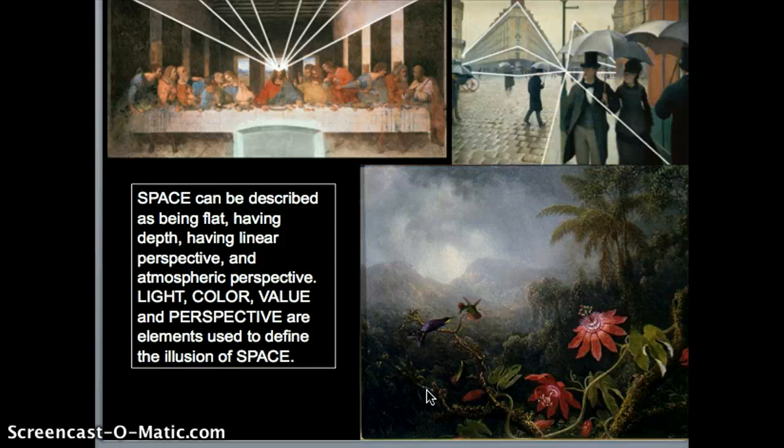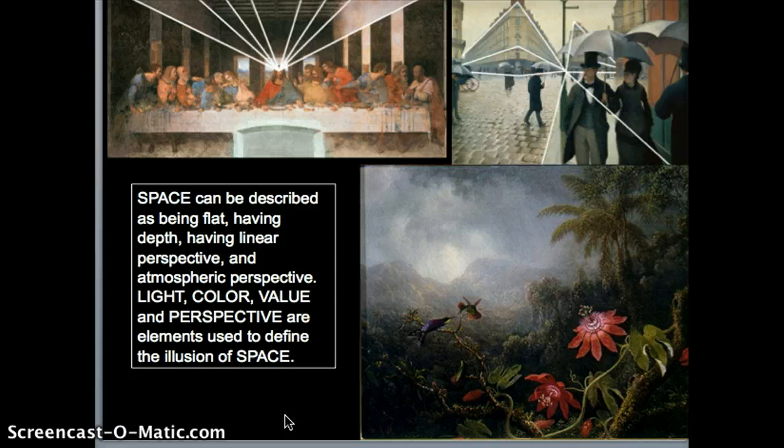So how do we describe space? Space can be described as being flat, having depth, having linear perspective. We use all these different elements to denote space. Light, color, value, and perspective are elements that can be used to define the illusion of space.